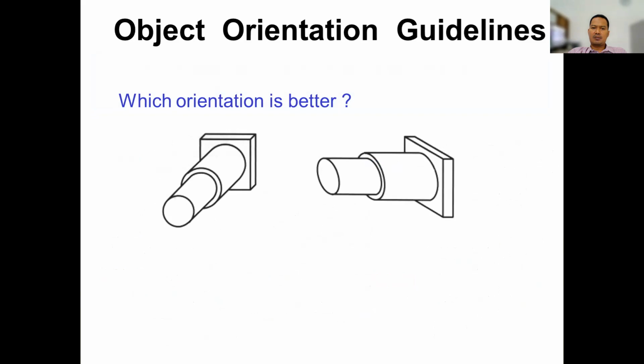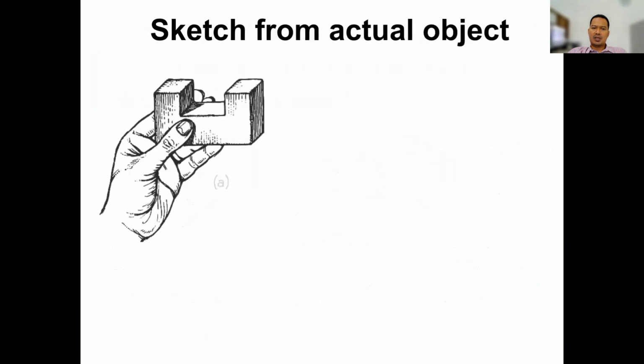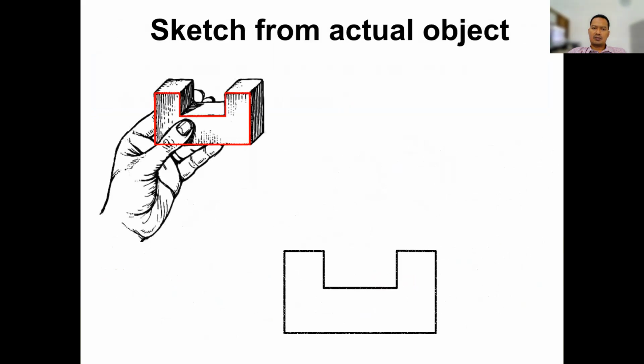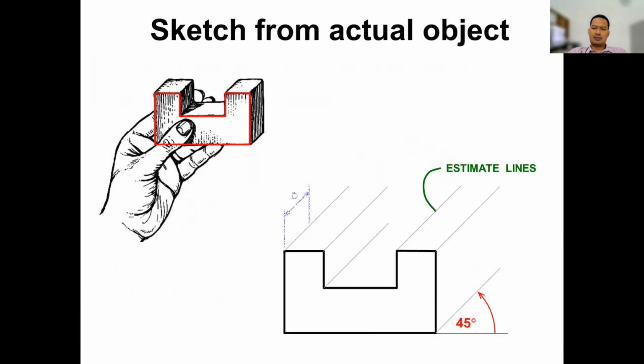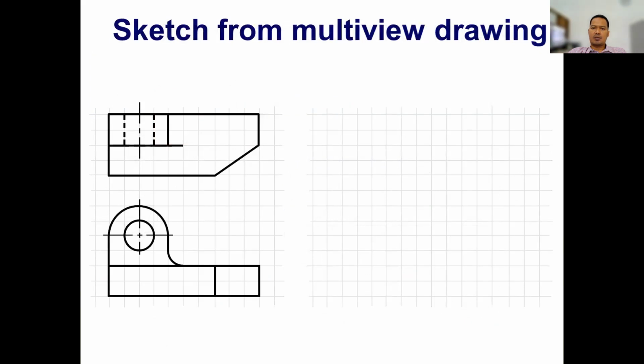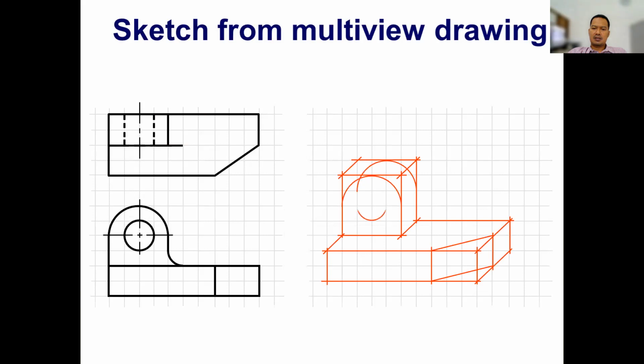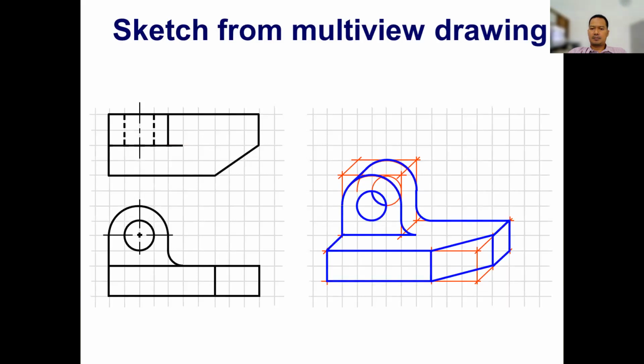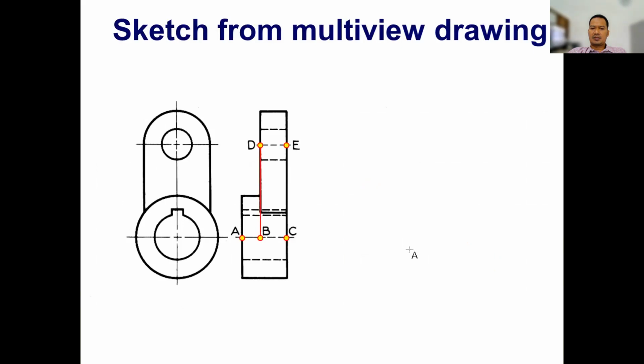And then for this one, which orientation is better? And then sketch from actual object. Okay, like this, and sketch from multi-view drawing. This is an exercise, for multi-view drawing.